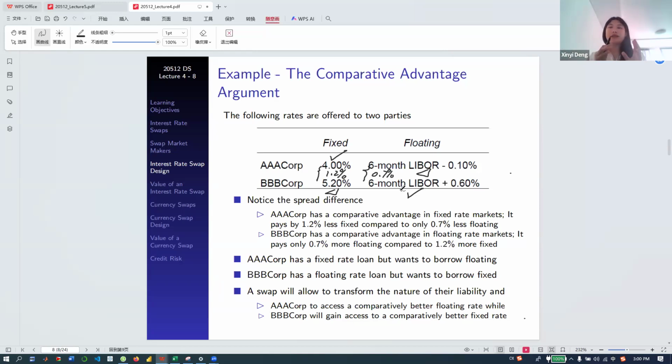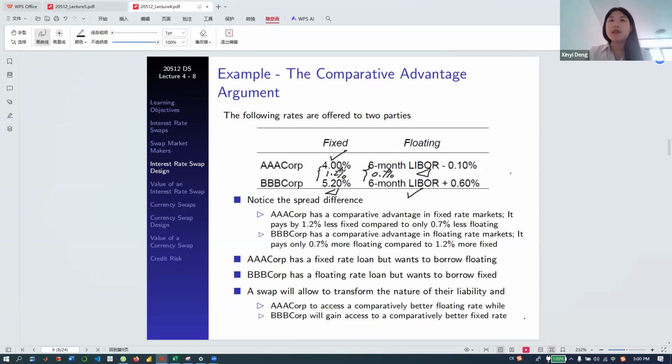And by entering into such a swap, although in terms of loans they are entering into the market they didn't want to be exposed to, by entering into that swap contract they will effectively get the exposure they want.